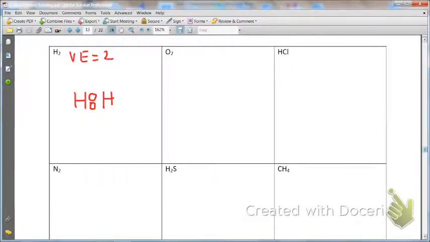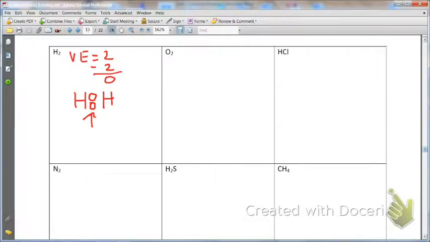Rule number 4 simply states this: subtract 2 electrons for each single covalent bond drawn in step 3 from the total number of valence electrons counted in the step 1. So what that means is I've used up 2 electrons here, so therefore I'm going to subtract 2 electrons from my total amount, and that gives me 0 electrons.